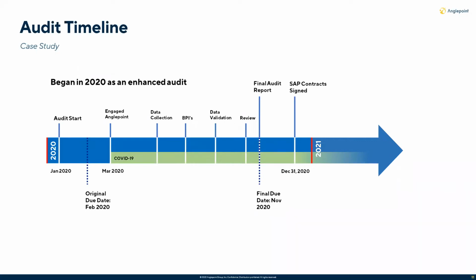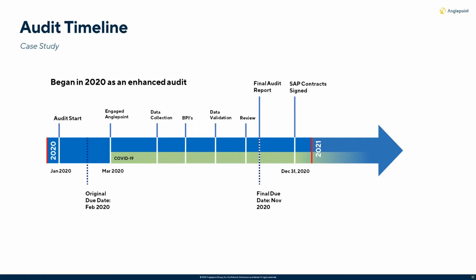You can see some of the milestones that we were working towards. So we had data collection, we did business process interviews, data validation, review, and then the final audit report was finally provided in November of that year.